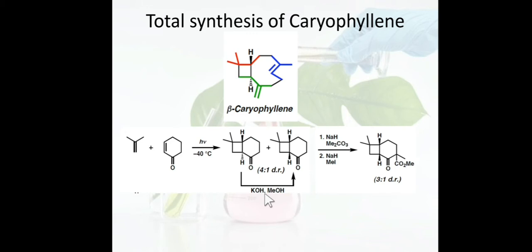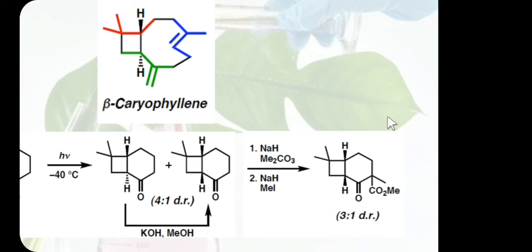After the isomerization, the desired product is treated with sodium hydride and dimethyl carbonate. Why do we need to do this reaction? Because we need to get the CO2Me group over here. That means after treating it with sodium hydride and dimethyl carbonate, we get a beta keto ester.